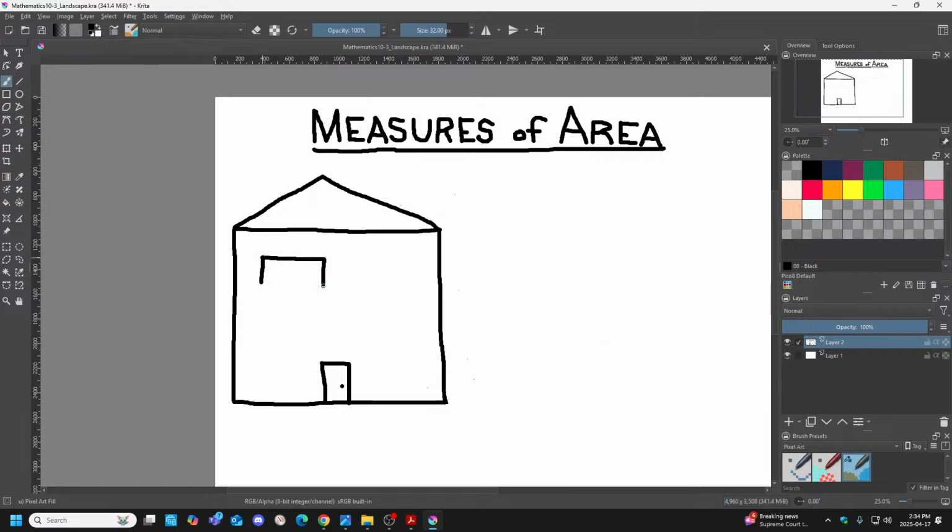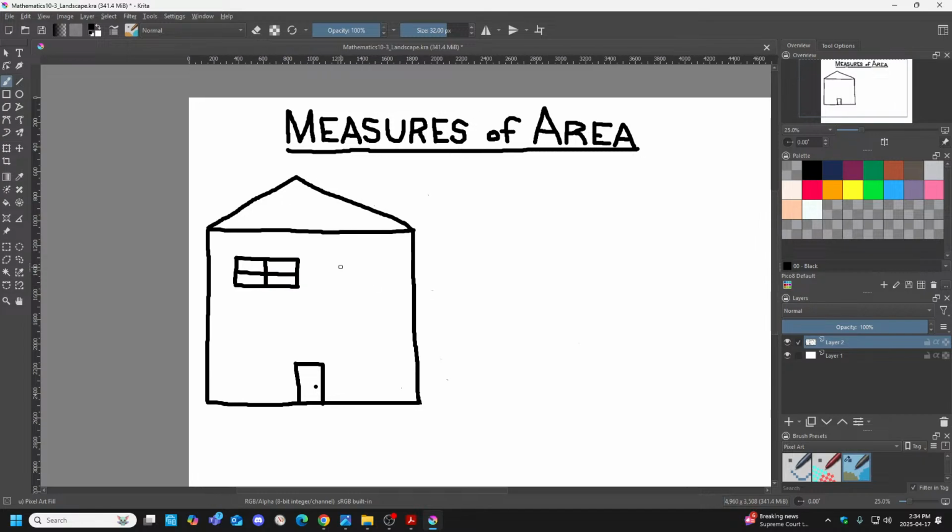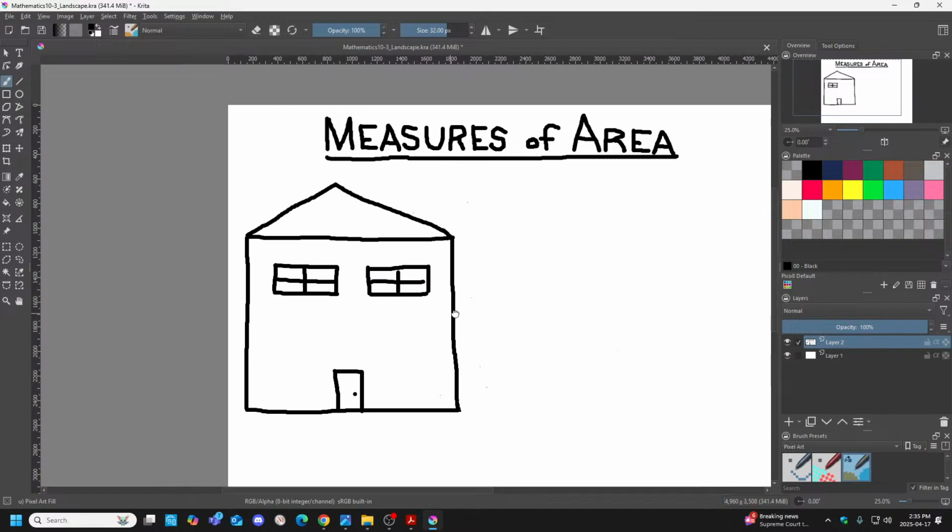Normally there would be more, but we're just gonna keep it basic. Two windows, okay?